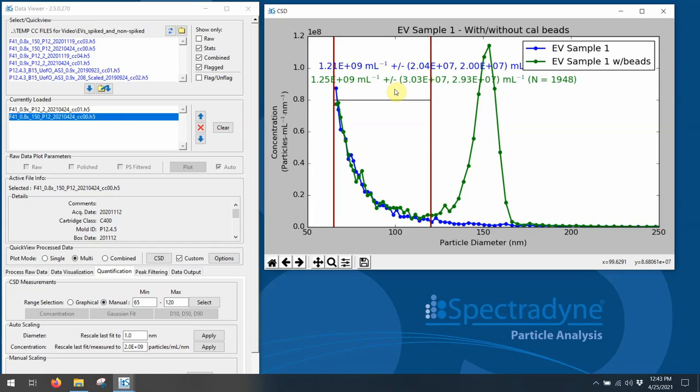This shows only a 4% difference in particle concentration in the range between the two runs, which I must say is pretty impressive. Certainly it proves that the original data without the beads is verifiable in both size and concentration under identical conditions, with the sizing actually being traceable to an NIST standard.